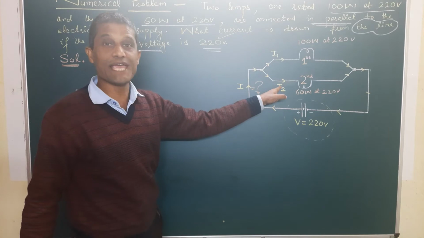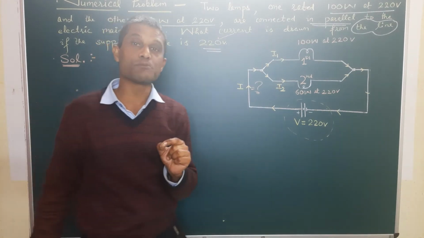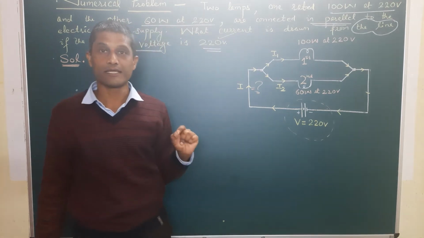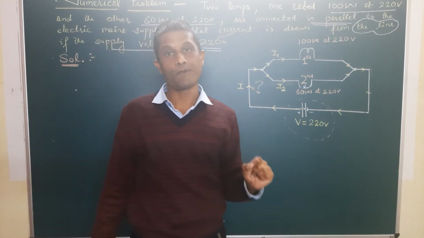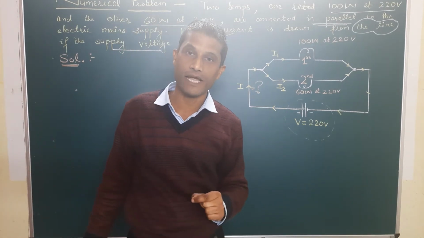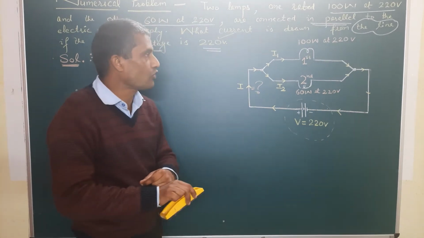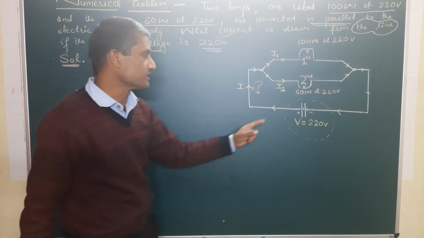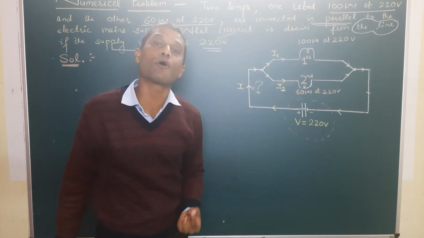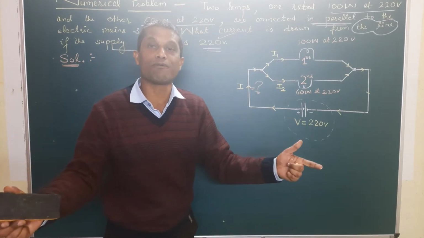As we have learnt for resistances in parallel, and if you have forgotten, please watch that video, in a parallel combination the total current coming from the main supply line gets distributed among the number of resistors.